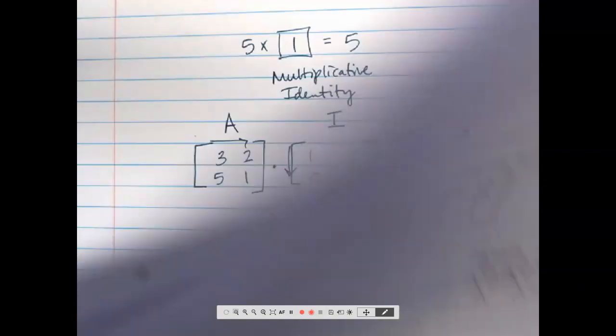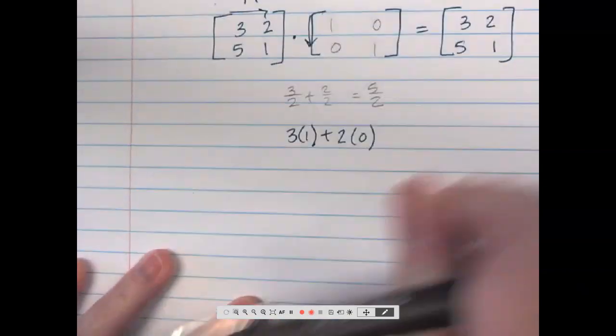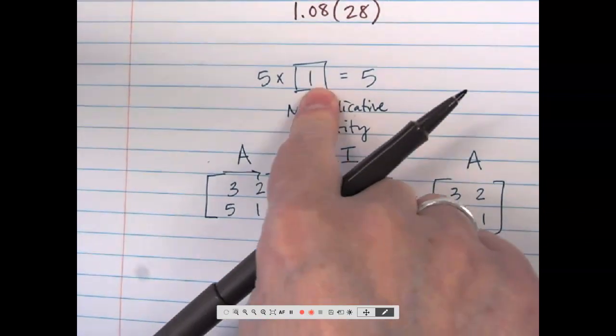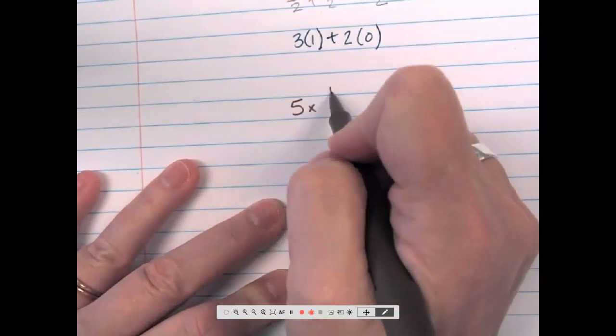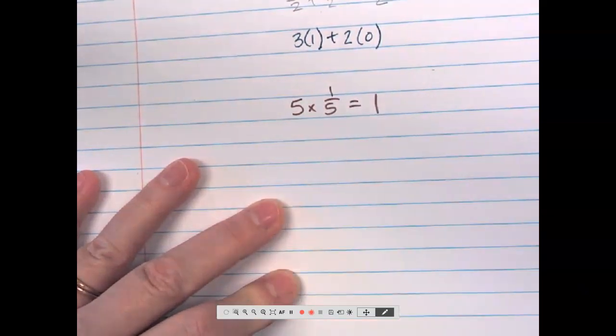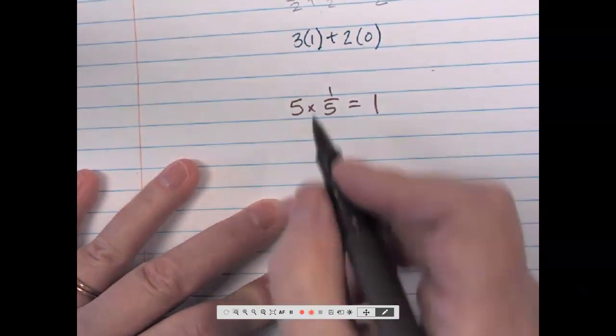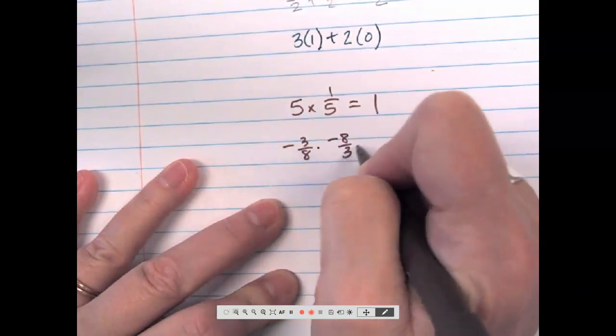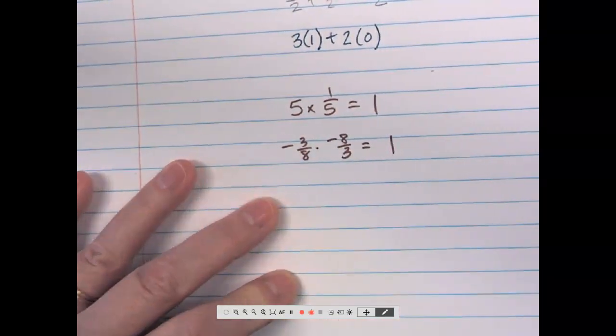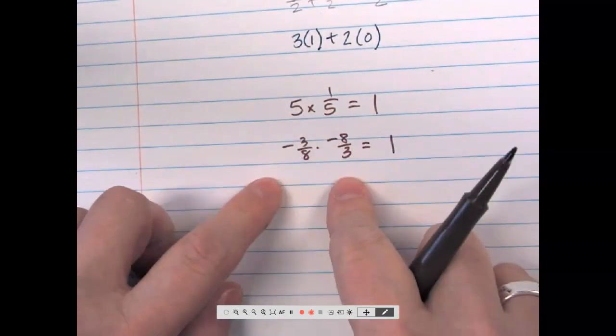Okay, in real numbers, I is this identity, which is 1, right, the equivalent of 1. I can multiply 5 times 1/5 and get 1. I can multiply negative 3/8 times negative 8/3 and get 1. What do we call these numbers to each other?